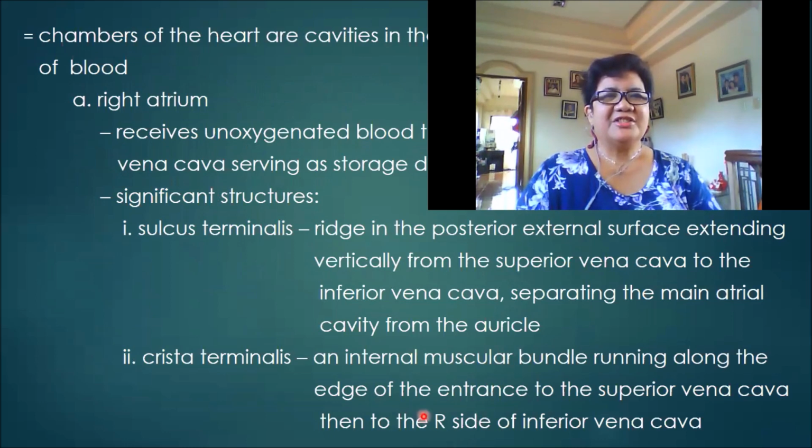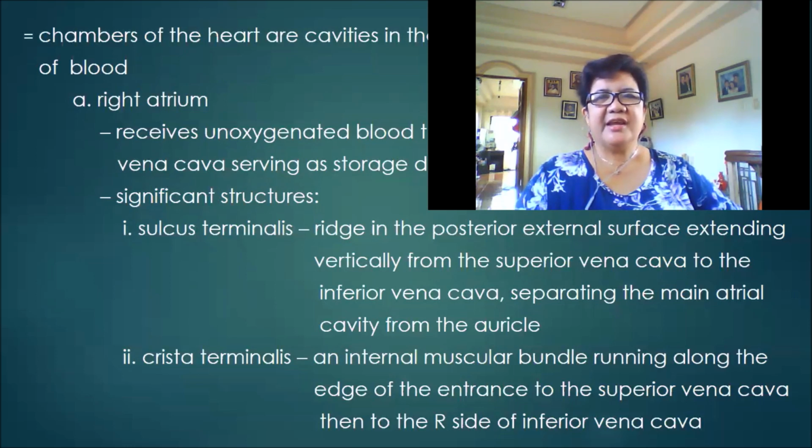Okay, we have the chambers or cavities of the heart, and these are for the temporary storage of blood. We have four chambers, two for the left and two for the right. You have the right atrium. This will receive unoxygenated blood through your superior and inferior vena cava.